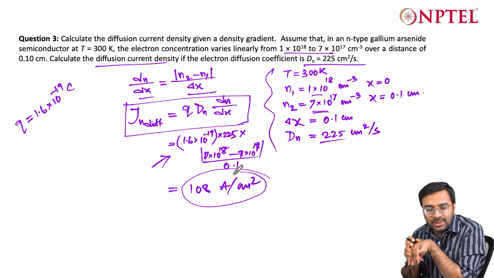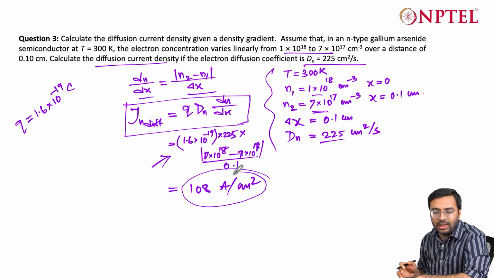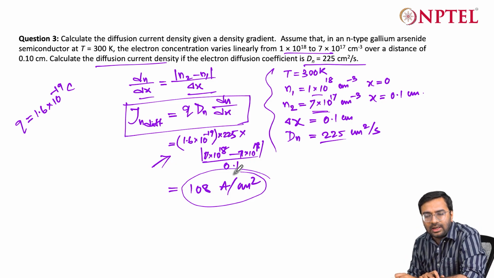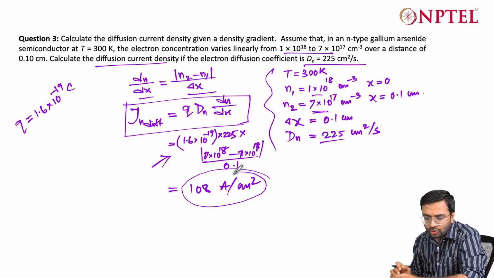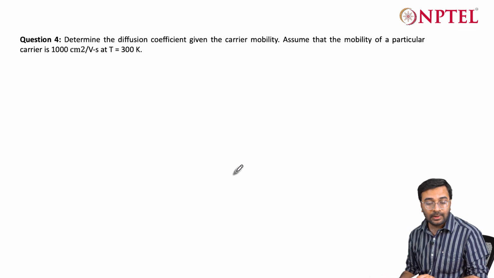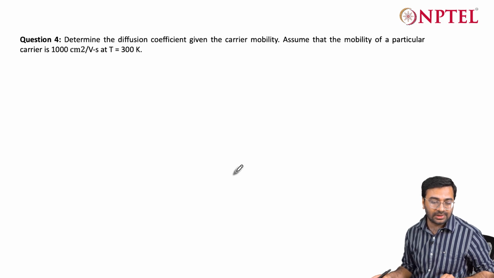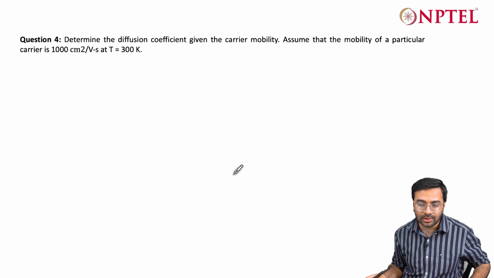So, this is a problem related to diffusion current, where all the details are given, and you have to approach it in this way. We also have another similar problem, where it is said to determine the diffusion coefficient given the carrier mobility.